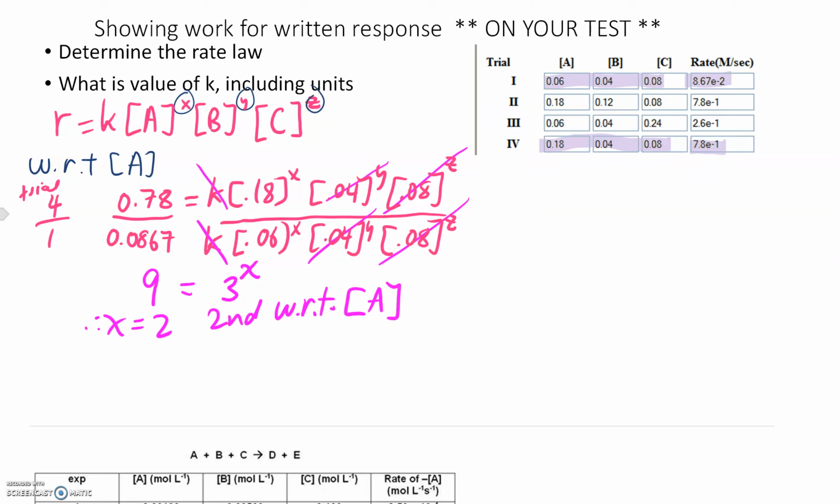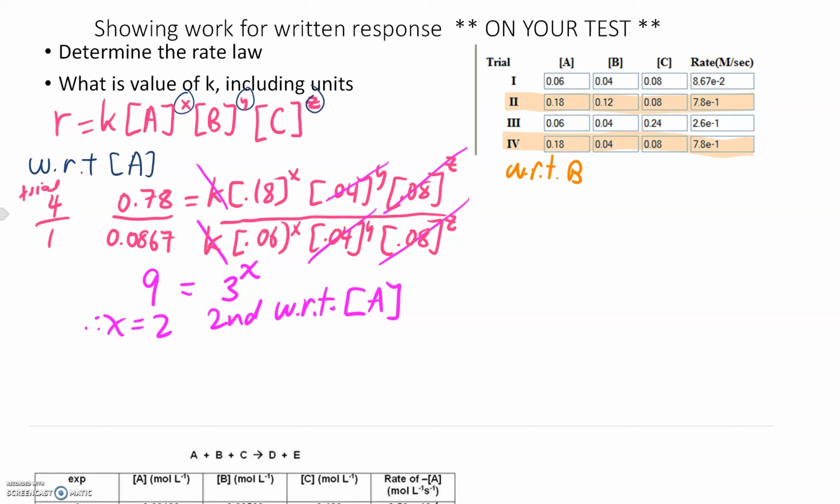Then you have to do it again for B and C. Let's just choose our trials for B and C, and then I'll do the work offline. You can check your work. With respect to B, I look at trials 2 and 4, and I can see that B is changing, but A and C are constant.